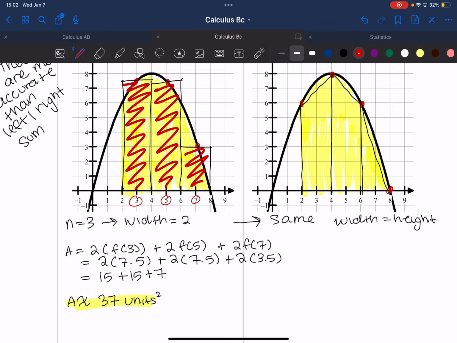So here, I now have 3 trapezoids. You notice none of them are going over the function. Okay, and we almost have everything covered because of those diagonals being able to follow the curve a little better than our straight-lined rectangles.